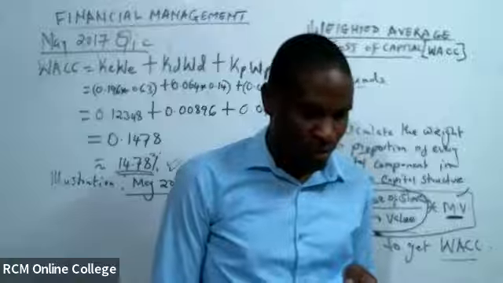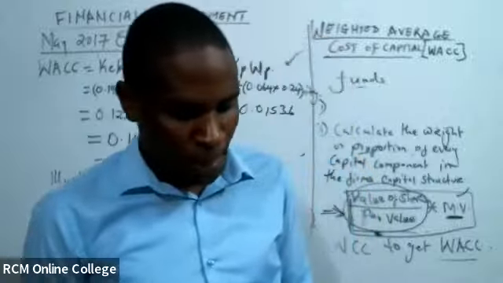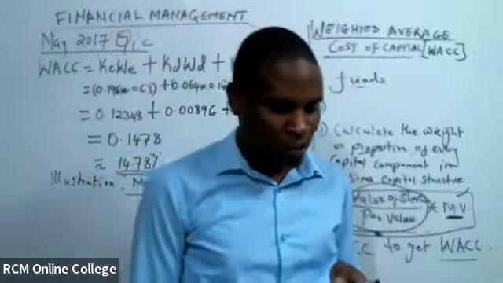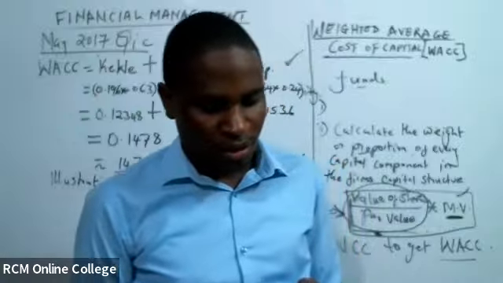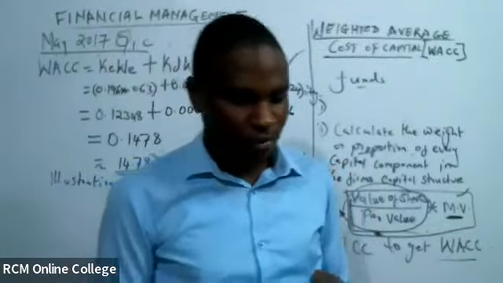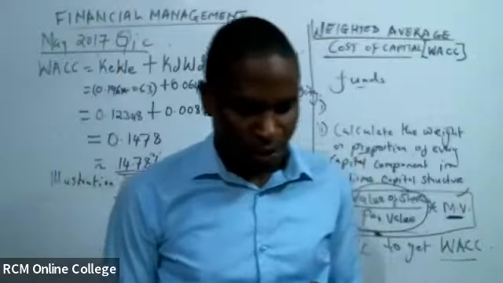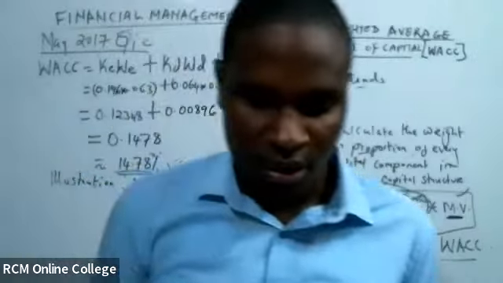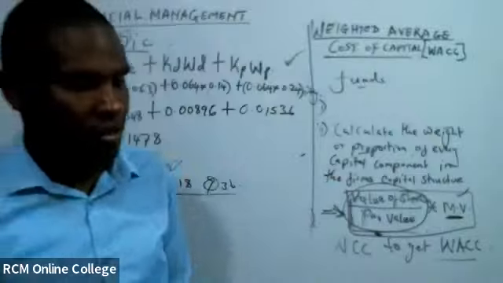This is very good, very interesting. Then we are told the preference shares were issued 4 years ago, and they are still trading at face value. And the corporate tax rate is 30%, and the examiner wanted you to compute the weighted average cost of capital.